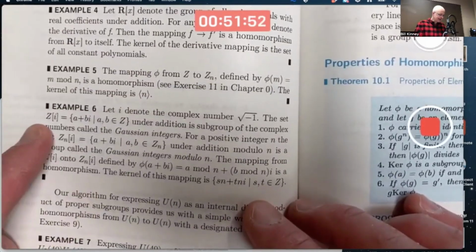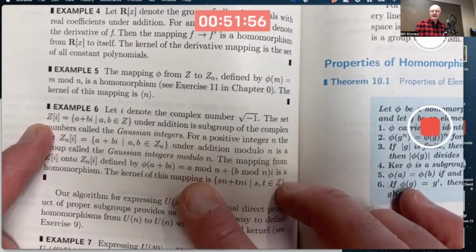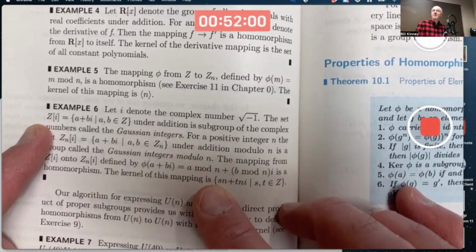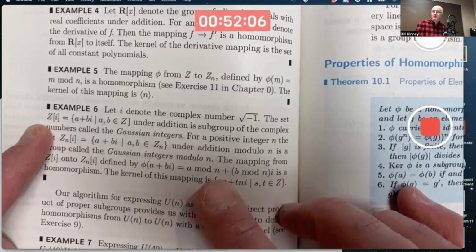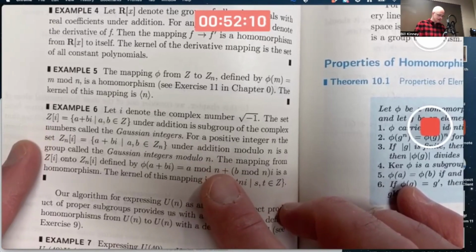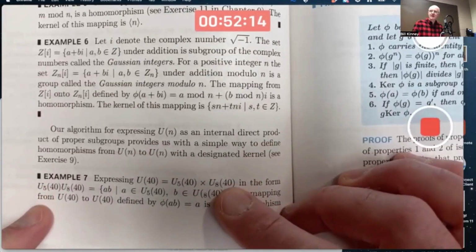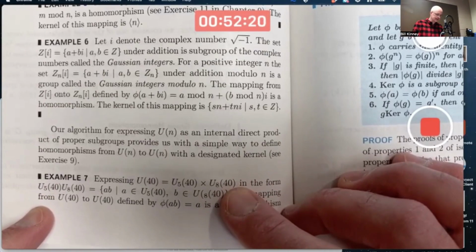Zi, that's called the Gaussian integers. I encourage you to read it. I won't test you on it because we have to rush here. But this example comes up in ring and field theory, so it's worthwhile to still study and think about. We have not really focused on internal direct products. I'm not going to focus on internal direct products in the exam, though if you did read about internal direct products, you could study this example.